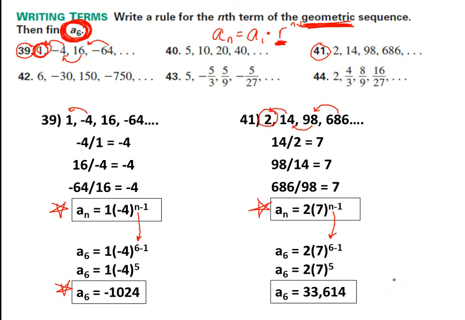The equation is different, and instead of looking for a difference, you're looking for a ratio, but it is very similar. Just don't get the two of them confused. You'll always have the equations, but you have to make sure you understand if there's an R, you're looking for the ratio, and if it's a D, you're looking for the difference.